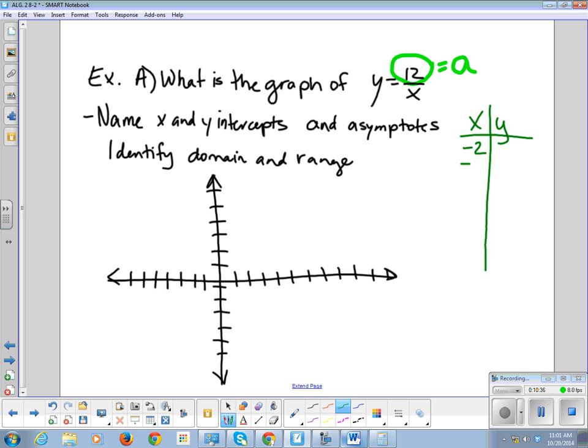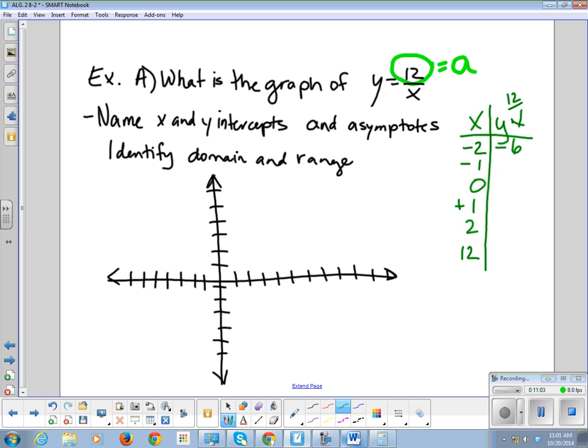Let's go -2, -1, 0, just for fun, 1, 2, and just for fun, 12. So when x is equal to -2, y is equal to -6, because 12 divided by -2 is -6.